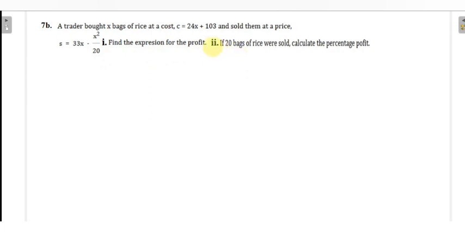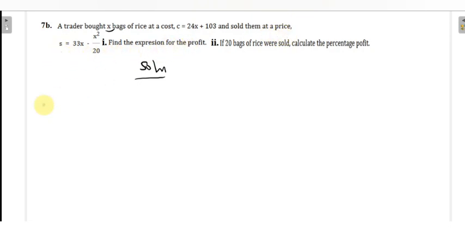Two, if 20 bags of rice were sold, calculate the percentage profit. So we are told that a trader bought S bags of rice at the cost of C is equal to 24S plus 103 and sold them at this. So we should find an expression for the profit.